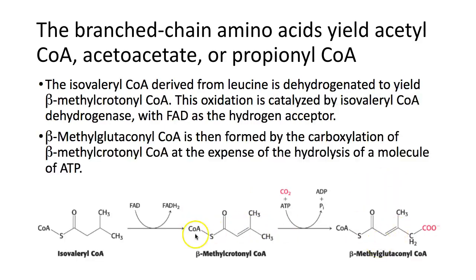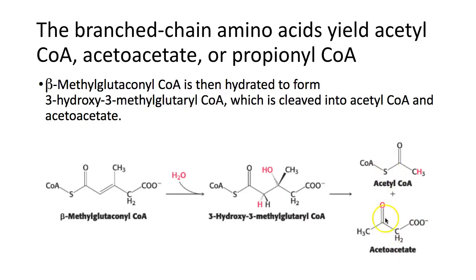From there, we eventually get to acetoacetate and propionyl coenzyme A, going through some other steps that you don't need to memorize, and ends up at acetoacetate and acetyl coenzyme A. So generally know that branched chain amino acids yield acetyl coenzyme A, acetoacetate, and propionyl coenzyme A.